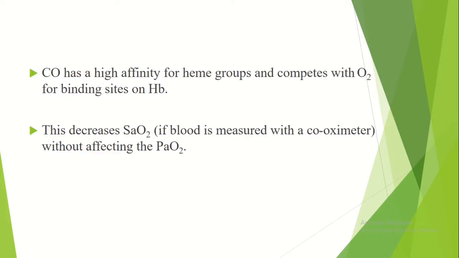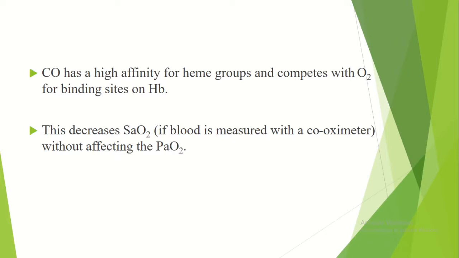So how does carbon monoxide cause hypoxia? Carbon monoxide has a high affinity for heme groups, and it competes with oxygen for binding sites on hemoglobin. And it is said that the affinity of hemoglobin for carbon monoxide is 200 times greater than the affinity of hemoglobin to oxygen.